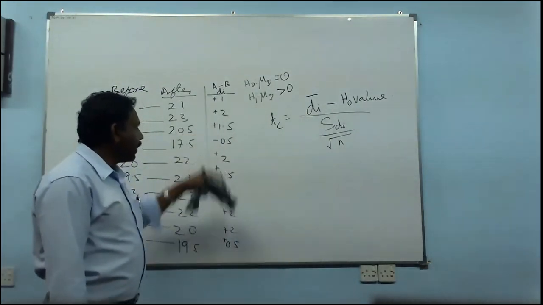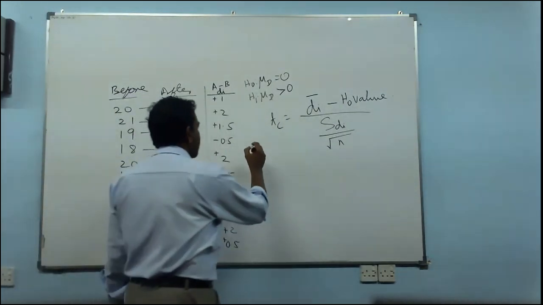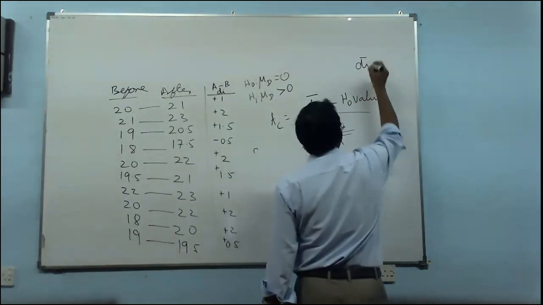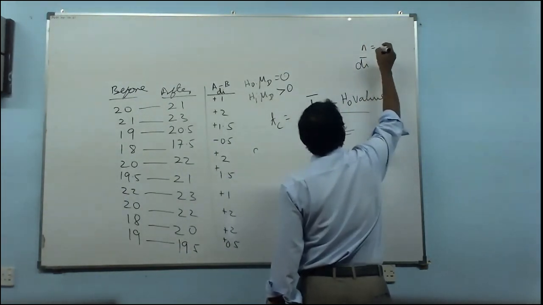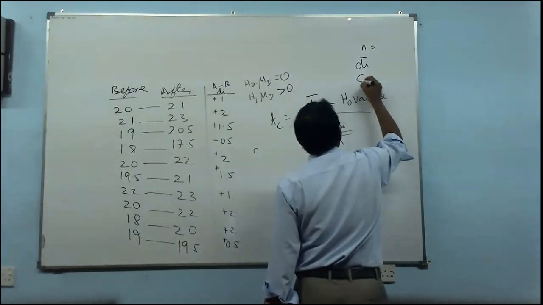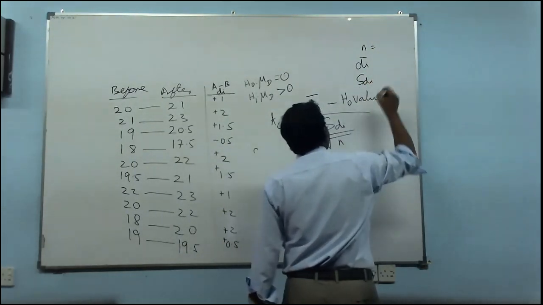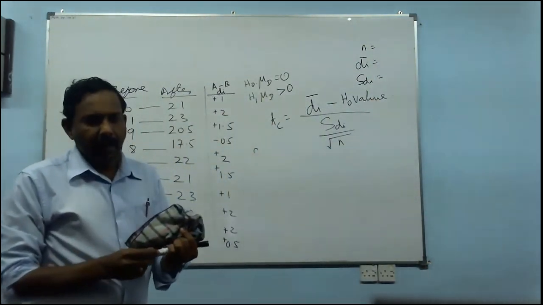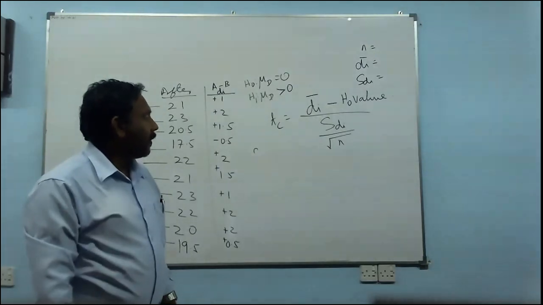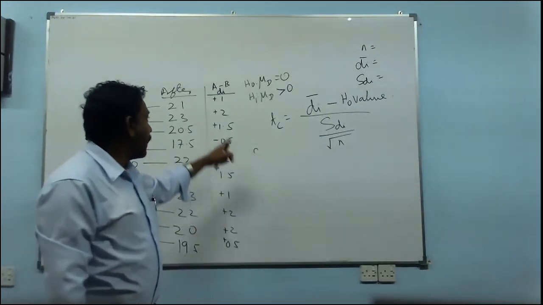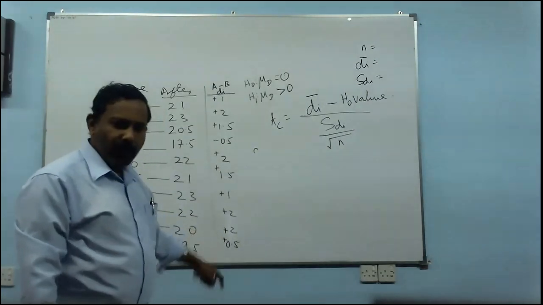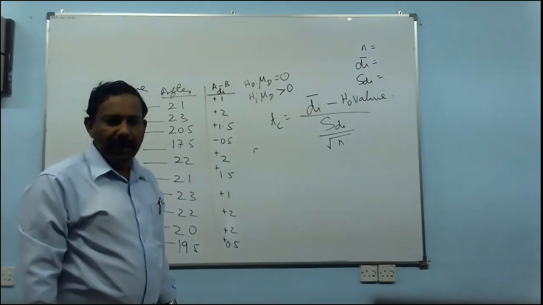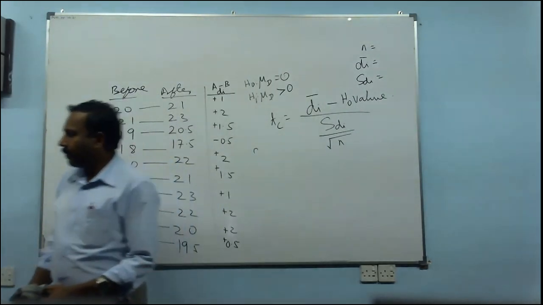Can you find out the values? I need some information to calculate further. What is the information? d bar. n is already there. What is n? I need all this information. n, d bar, which is the mean: add all these values and divide by the number of samples.